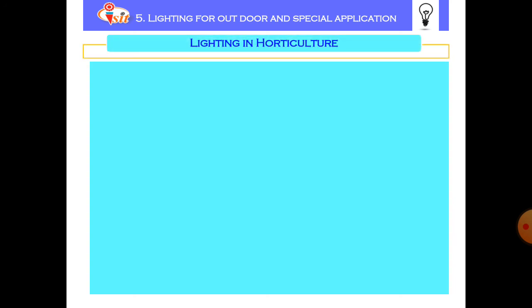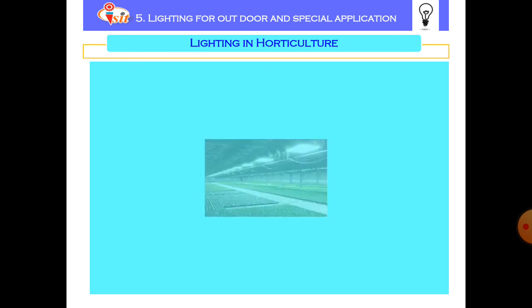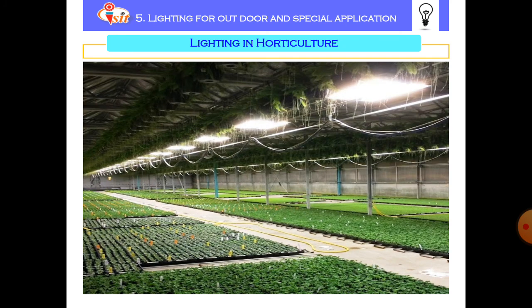Then take a look at the horticulture field, where for growing plants or fruits they are using water sprinklers as well as supplementary light to maintain the temperature, humidity, and artificial sunlight or artificial light.